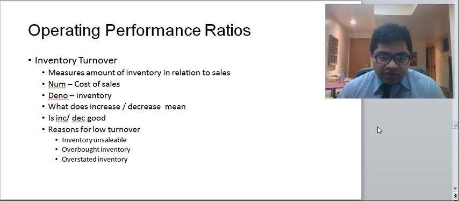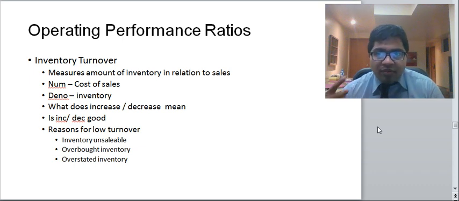Next is inventory turnover ratio. It measures the amount of inventory in terms of sales. In the numerator you have cost of sales and in the denominator you have inventory. So it tells you how many times you are selling your inventory in a year. Now as a business I would want to sell my inventory as often as I can, because that provides liquidity.